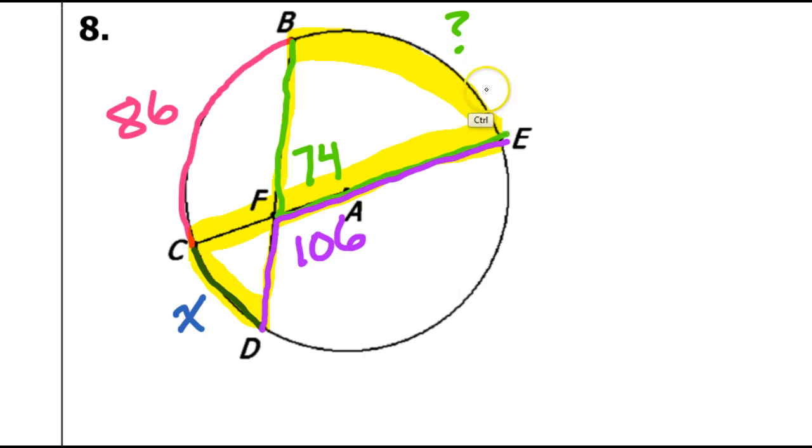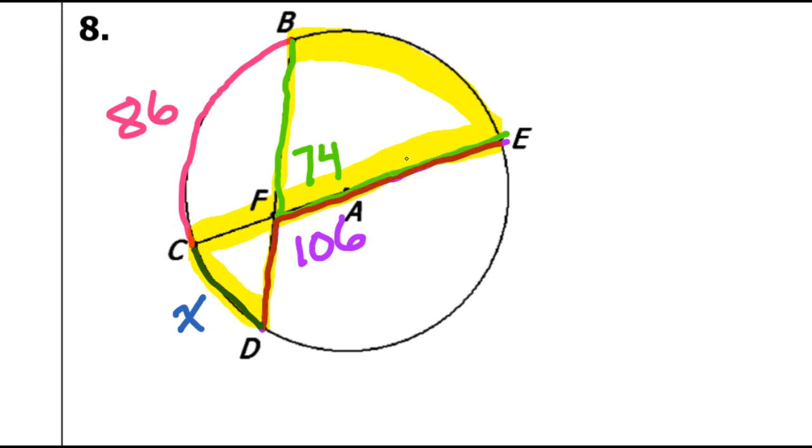I really need to know what that is. All right, I can't just use the 86 because I need the arc that's across from the X. Okay, they all have to be lined up inside the 74-degree angle. All right, this is inside of this angle, this is inside of this angle. I need this question mark before I can continue. So how can I find the question mark?